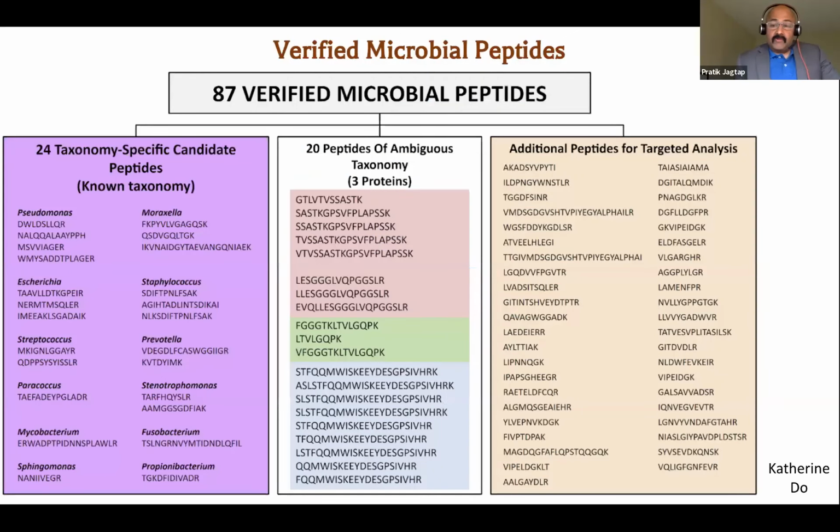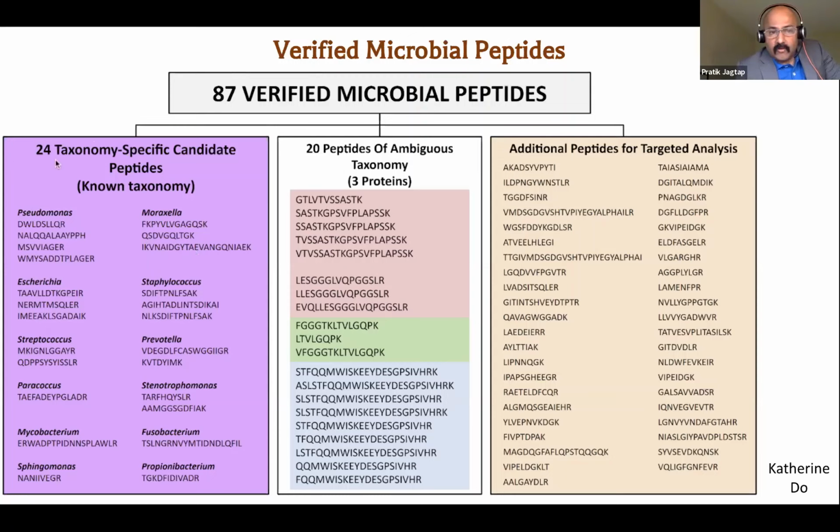And this particular table was generated by Catherine Doe, who is a student here at the University of Minnesota. We could find 3 different classes of these peptides. And again, I just wanted to mention, these peptides had gone through rigorous analysis to ensure that indeed these were present. There was good quantitation data available, and these are confident peptides based on the search algorithms that we had used.